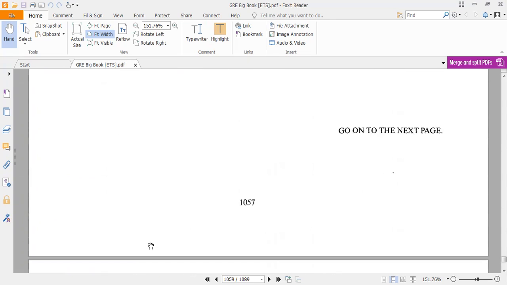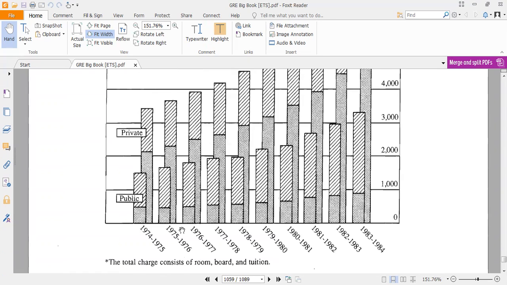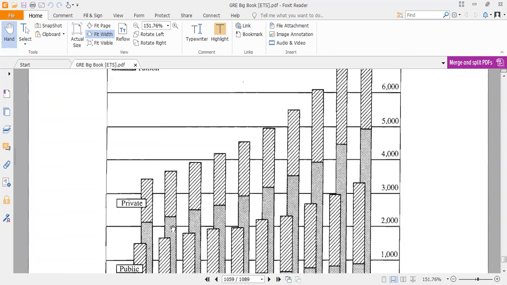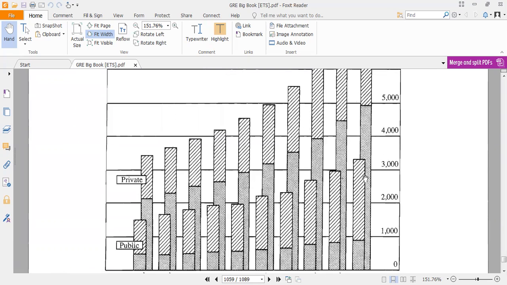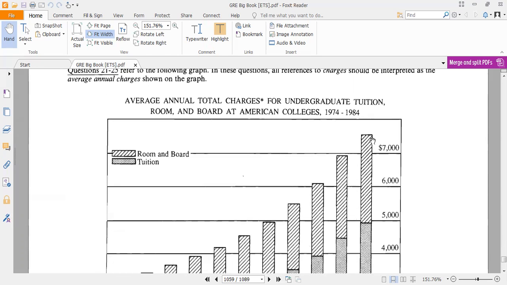So we have to find the years where the private college charges are at least 3,000 more. Okay. Now let's look at the last graph. Here the public college charge is about 3300, and 7500 is the private charge.